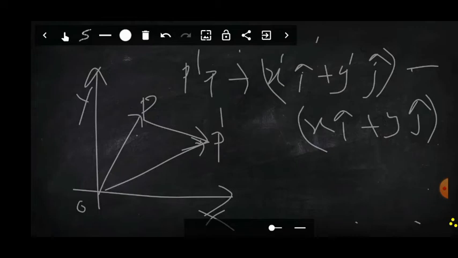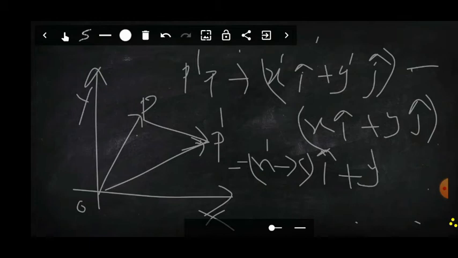Then we take the i coordinates common, so it becomes x dash minus x into the i unit vector plus y dash minus y into the j unit vector. This gives the displacement vector.